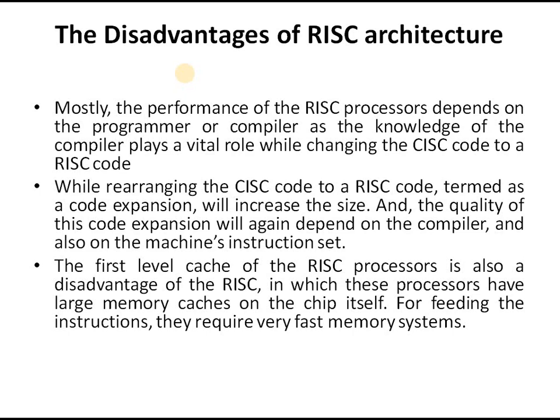CISC has transistors used for storing complex instructions, but in RISC more transistors are used for storing memory. In CISC architecture, load and store memory to memory is included in instructions, and in the context of RISC, load and store register are independent. CISC has multi-clock and RISC has a single clock.